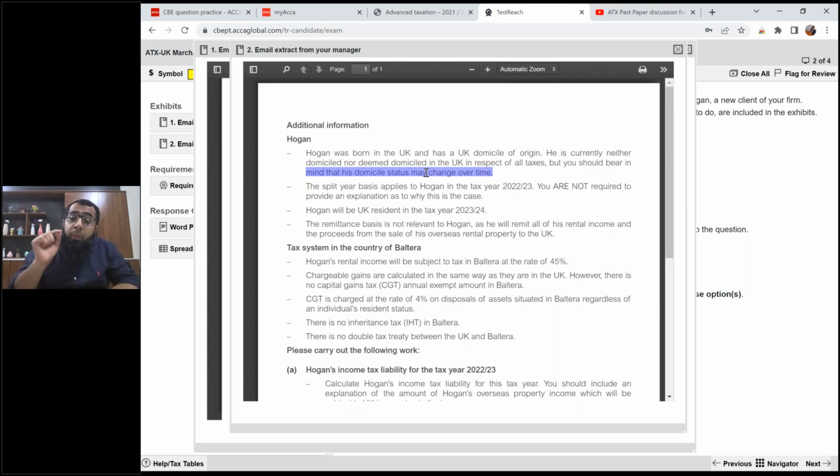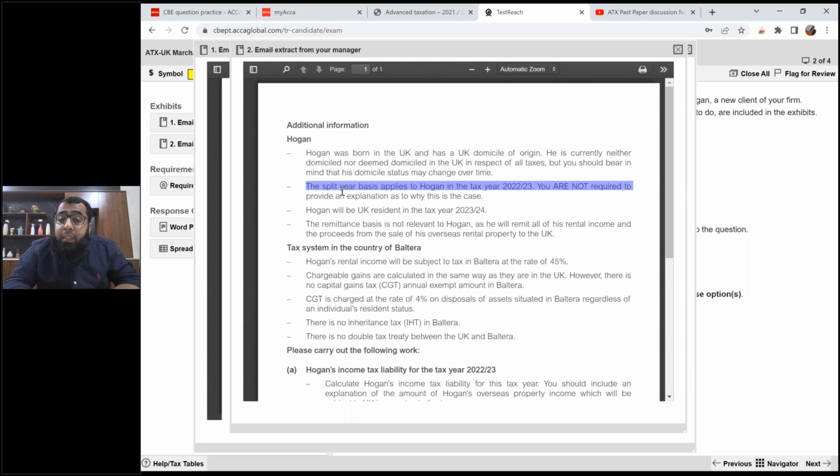In deemed domicile, we call them as formerly resident rules. I hope you all remember that if you had originally the domicile of UK, if you had the domicile of origin, you can become deemed domicile if you are resident in that particular year. Okay, we look at them while we'll be solving the question.